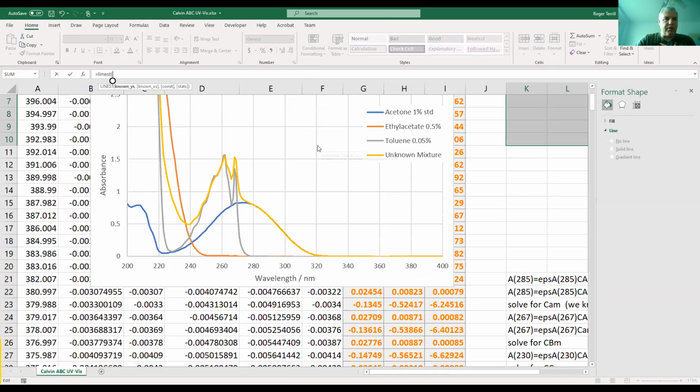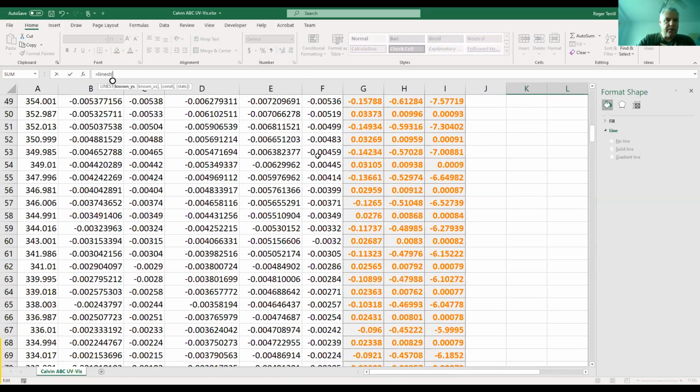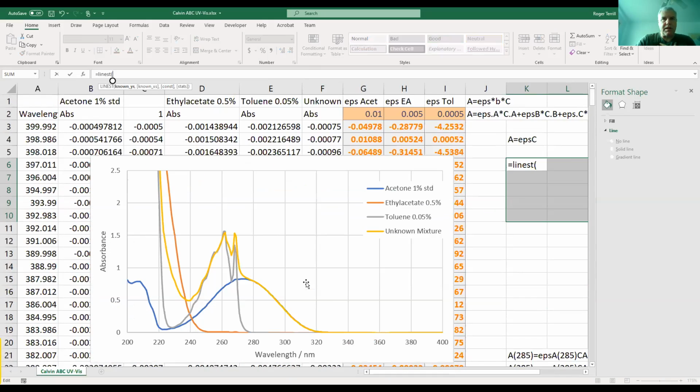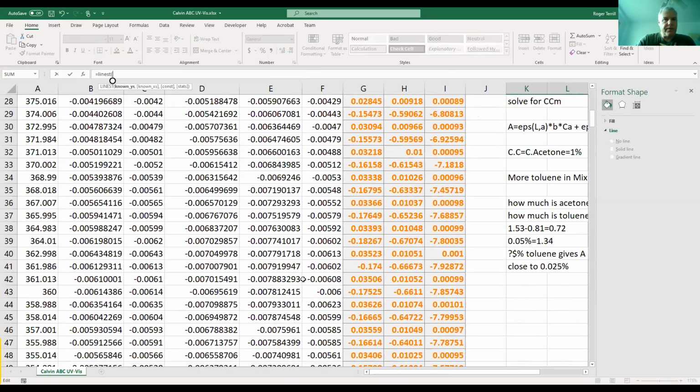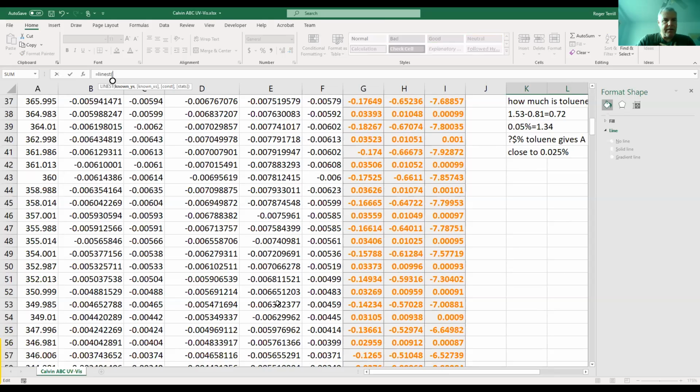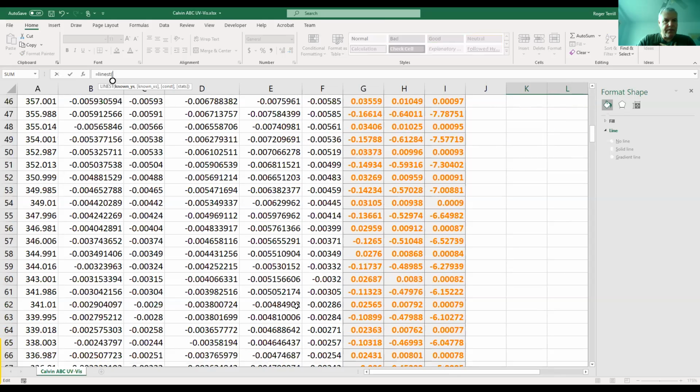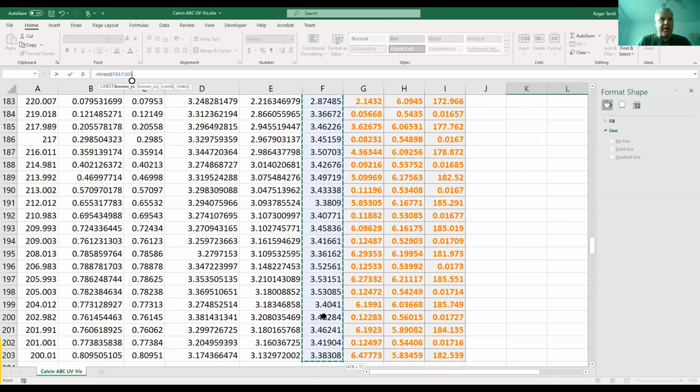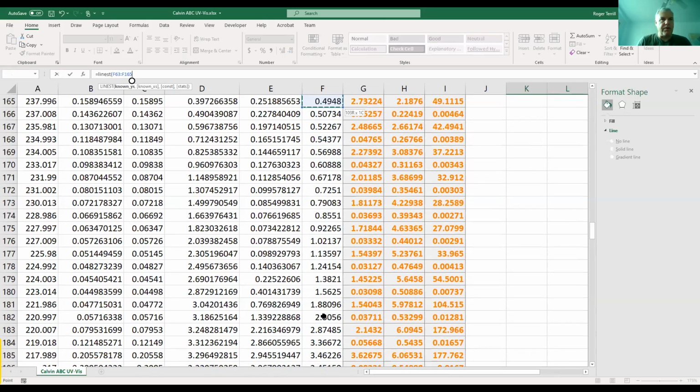So I'm going to come down here to 340, and then back up to 230 here.